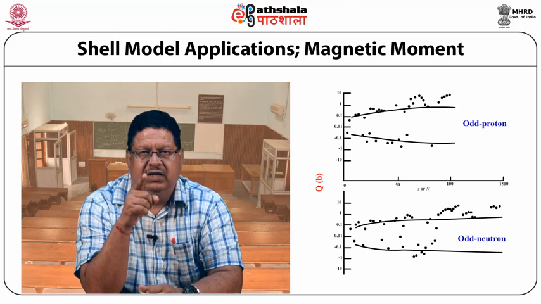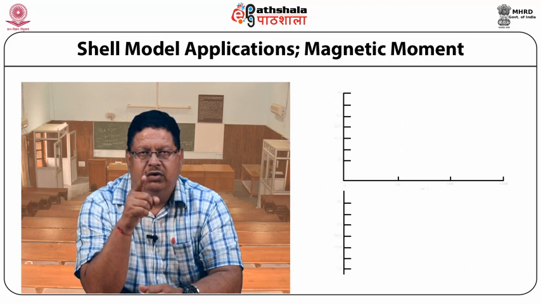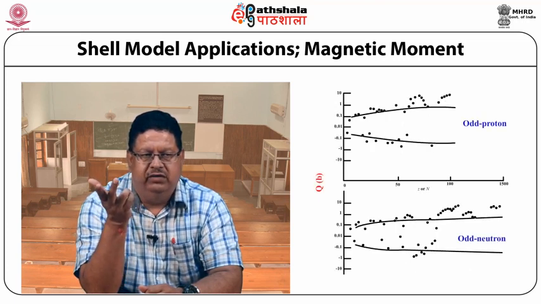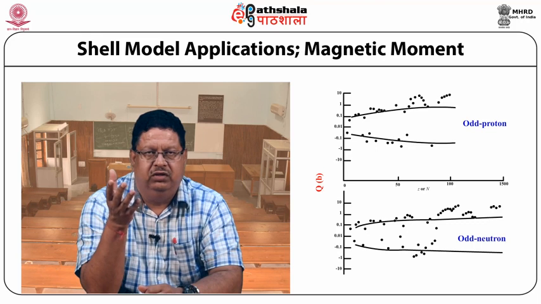So here you can see that ideally a nucleus with an odd neutron should have no quadrupole moment, because quadrupole moment is nothing but the asymmetry in the charge distribution.